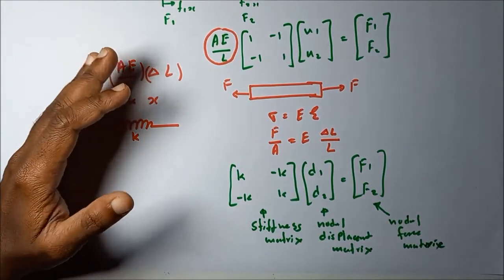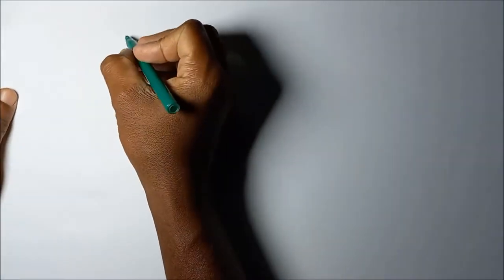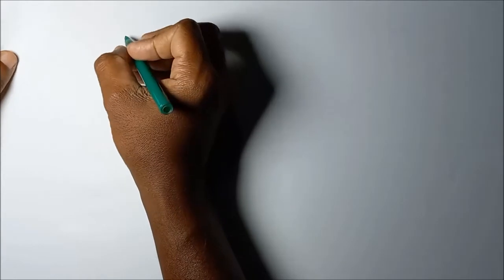Let me take a bar assembly and let's understand it through an example. Let's take a two-bar assembly, that means this assembly contains two bar elements.